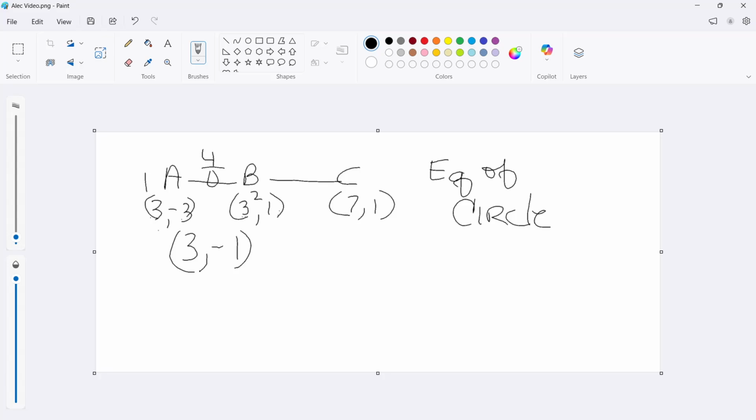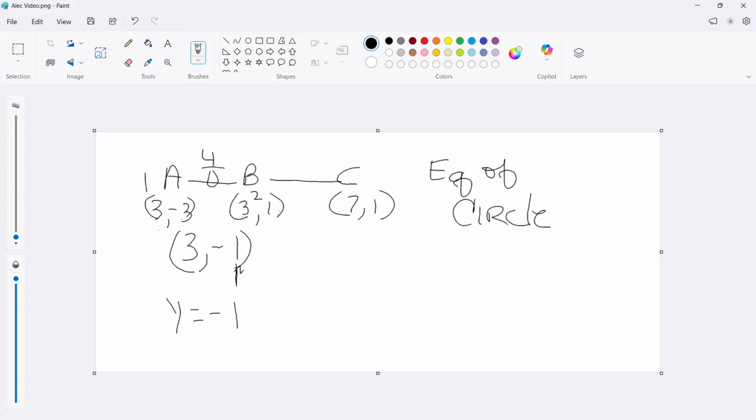So see, that's a vertical line. A vertical line has 0 in the denominator, so the slope doesn't exist. So I know that the perpendicular bisector line will be a horizontal line, and it will be equal to the y coordinate. So y equals negative 1 is the equation of the perpendicular bisector of that segment that connects A and B.